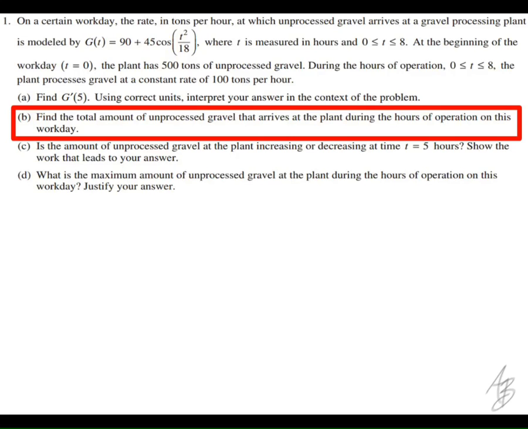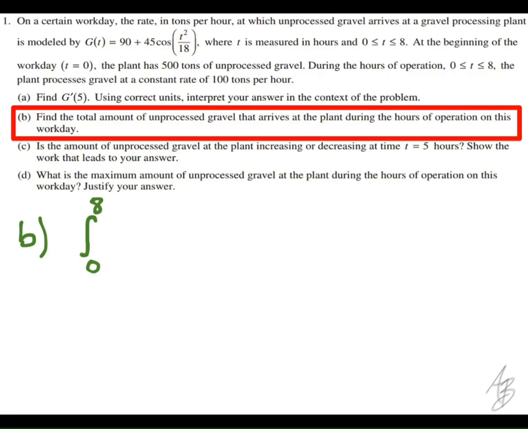So for part B, we would say the integral from, well, what are our limits of integration going to be here? Yeah, we're starting at the beginning of the workday and going for 8 hours. We're going to integrate the rate of change.